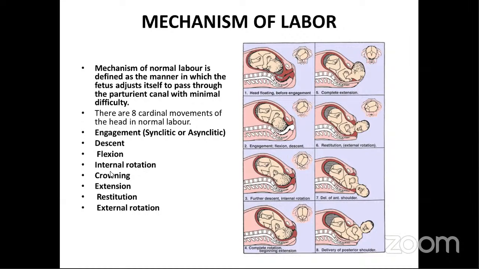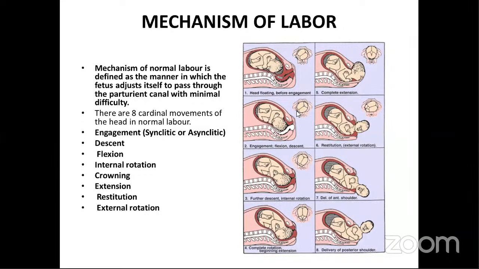Another important terminology is internal rotation. What you have to remember is that the rotation is measured by locating the occiput of the baby. If you consider the pelvic cavity when you're doing a pelvic examination, this is the pubis and this is the coccyx. You try to feel for the sagittal suture, and you will be able to feel the anterior fontanelle and the posterior fontanelle.